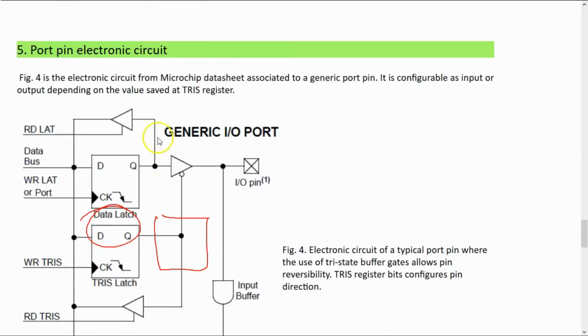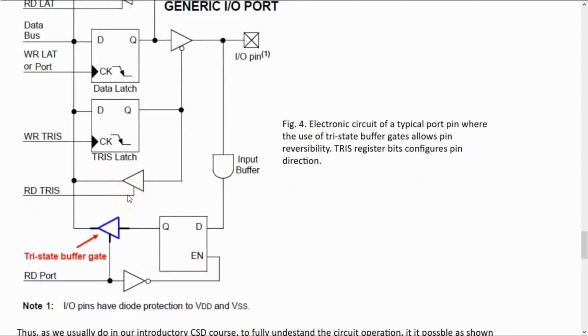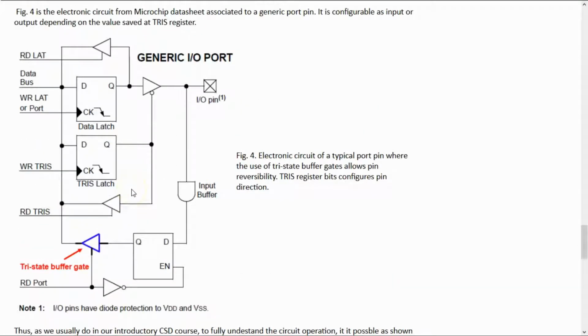You are writing here, okay, and you are reading, okay. So let's do that again. You can write to this pin, right? So it is the value that is kept in this queue, it's an output, or you can read.